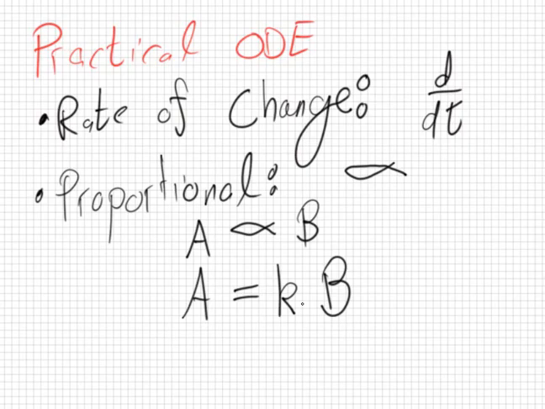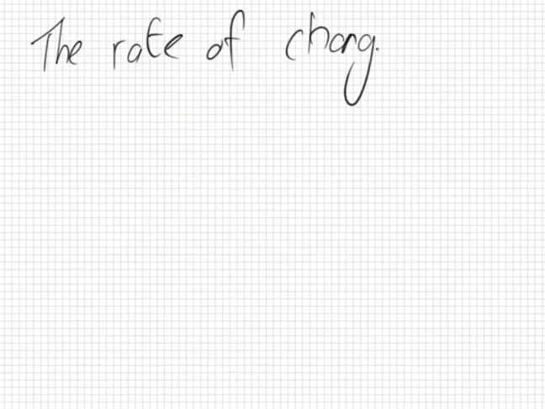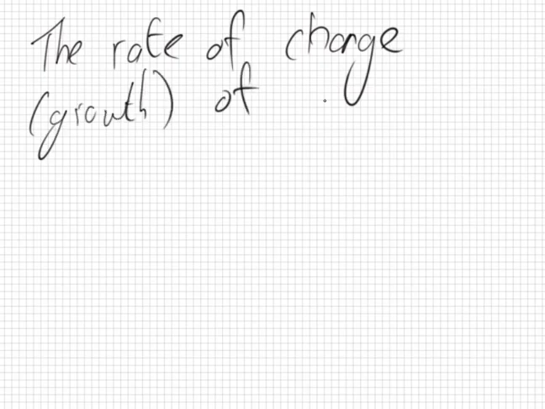I'll give you an example from biology. Often you have the rate of change, or in other words the growth, of bacteria cells or virus or whatever. I'll just write cells.